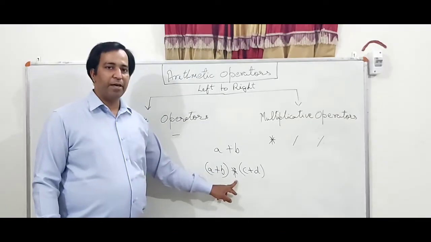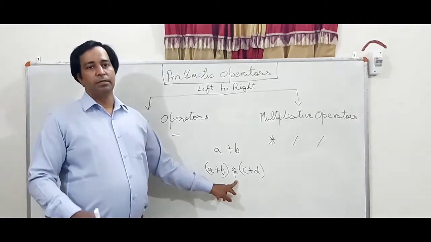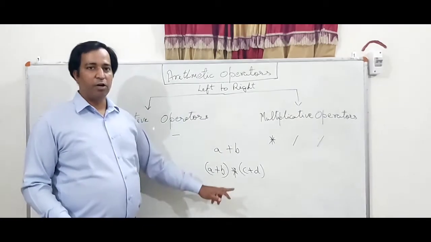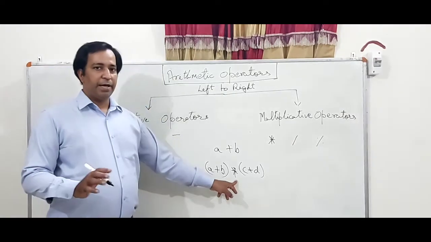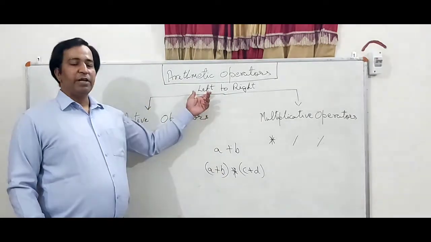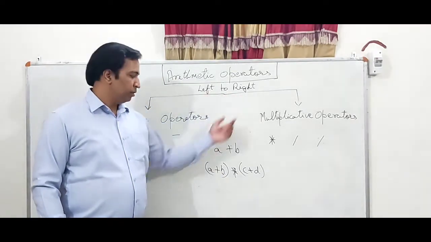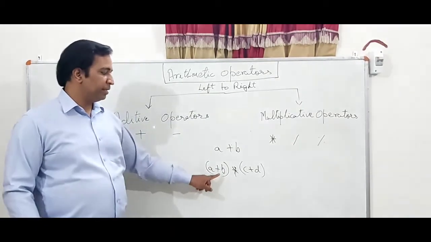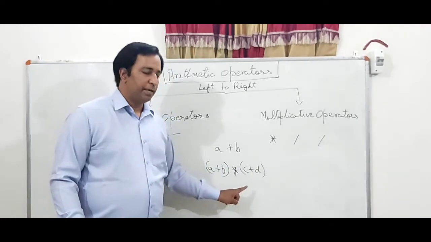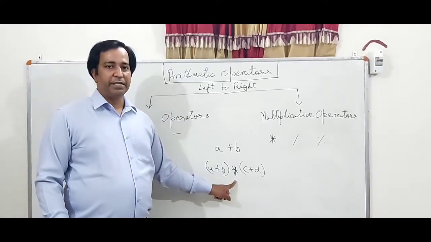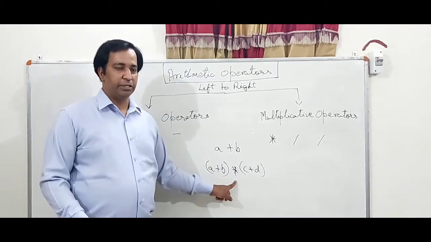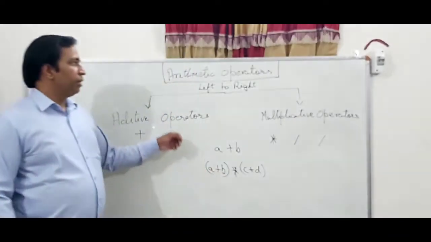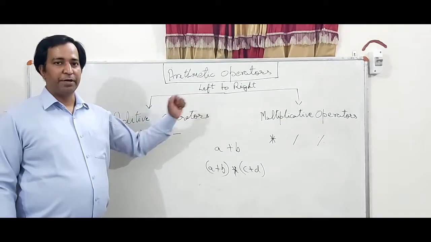Here we have the multiply operator in between, which is an arithmetical operator. And as I told you, associativity is left to right. So first the left side of it will be processed, then the right side will be processed, and then the operator itself will be processed. This is called the associativity of the operator.